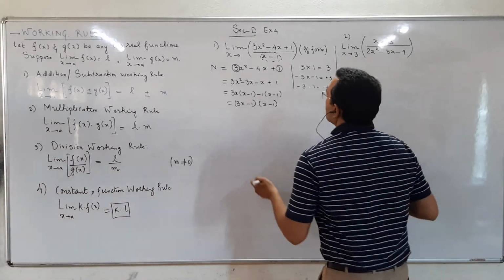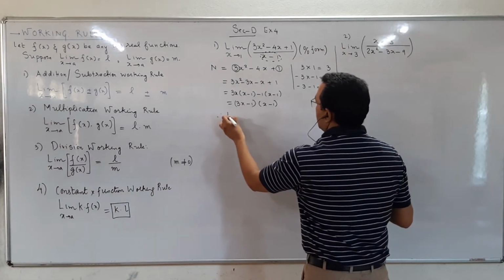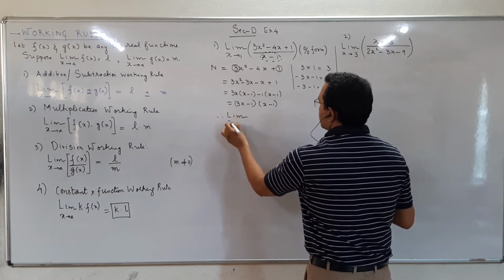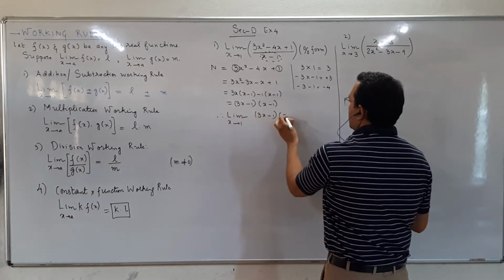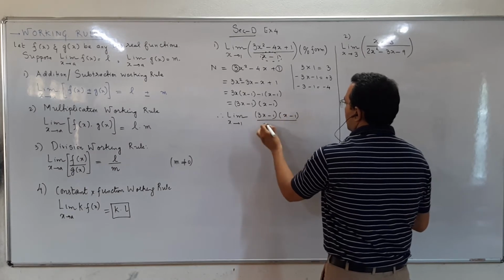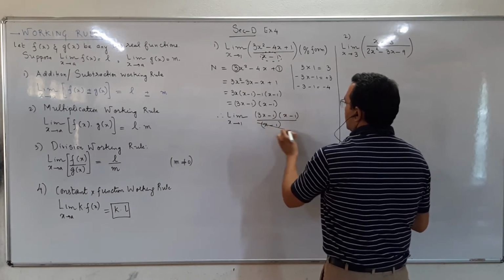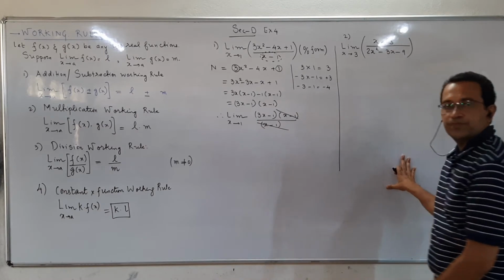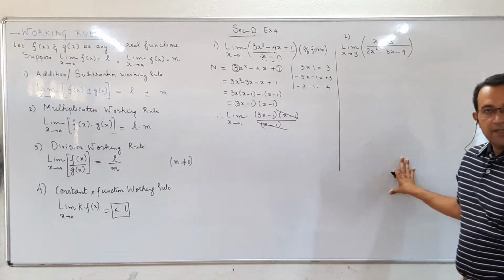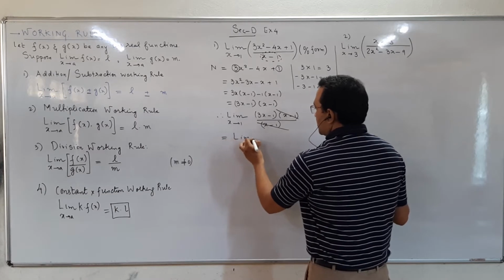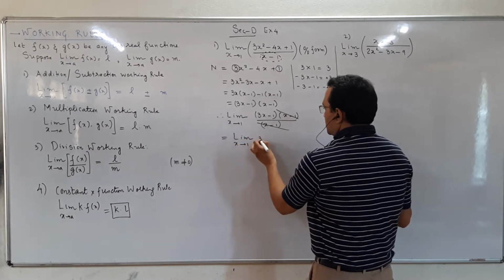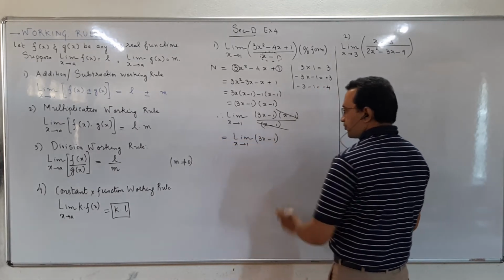So now the limit is limit x tends to 1, 3x minus 1 into x minus 1 upon x minus 1. You people are very eager to cancel. So now this changes to limit x tends to 1, 3x minus 1.